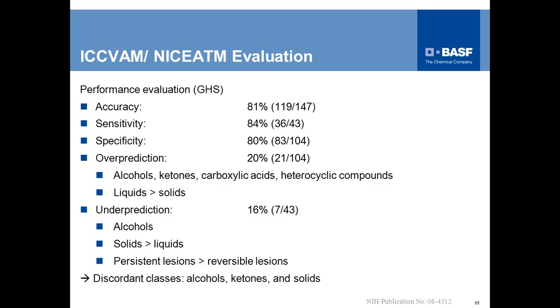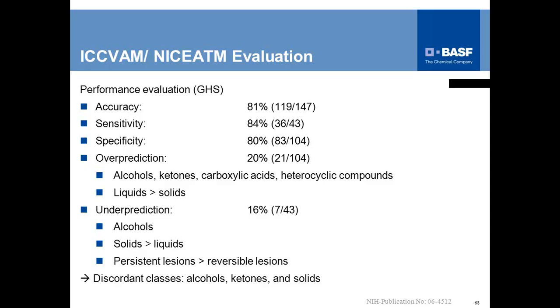The other value we have shown here is the underprediction rate. These are severe eye irritants that are not correctly predicted by the BCOP, and those included alcohols and solids, rather than liquids. Due to the nature of the assay, compounds causing persistent lesions in the in vivo assay were more frequently underpredicted than those causing reversible lesions.